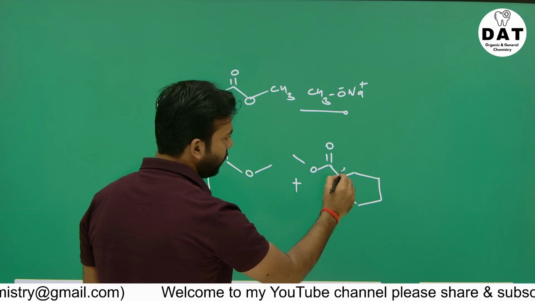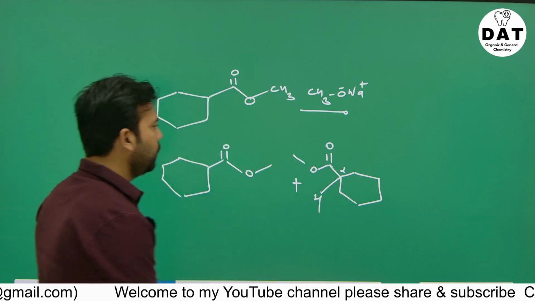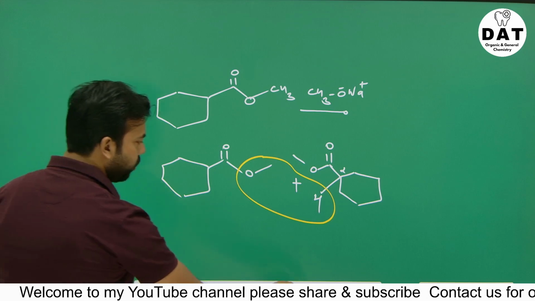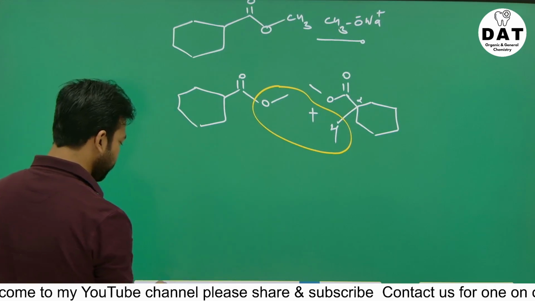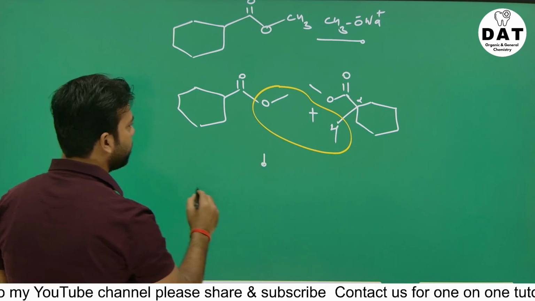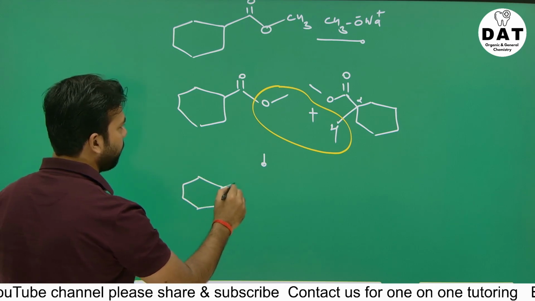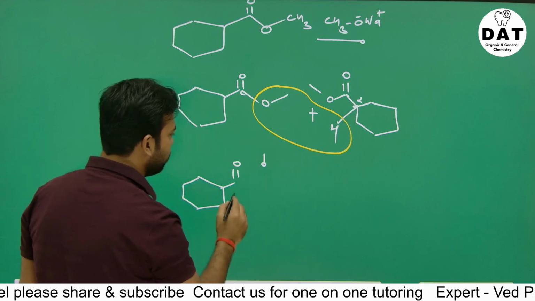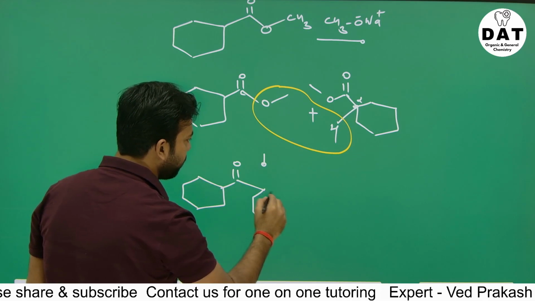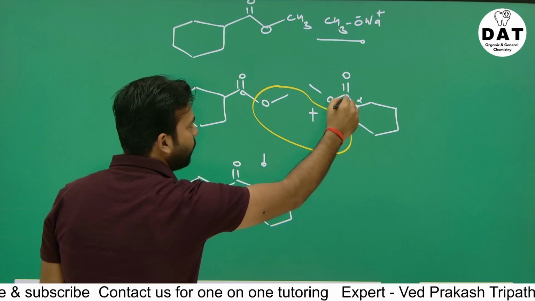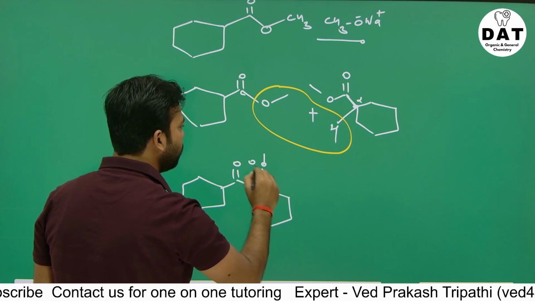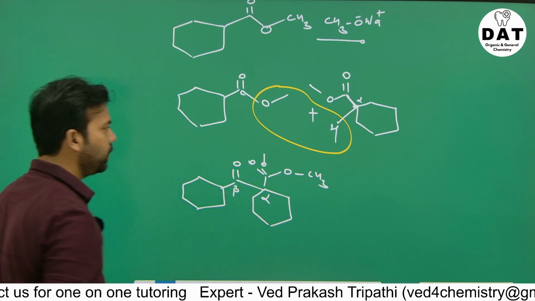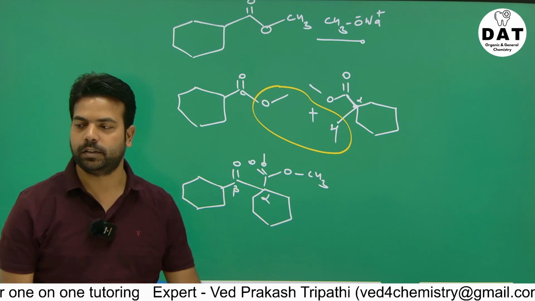This is the alpha carbon and it has 1 alpha H. Now we have to remove the alcohol, so this goes out. Now we are going to connect these two components. Now look at this, the carbon is directly bonded to this carbon. This outer carbon has a C double bond O and then OCH3. So this is alpha, this is beta, so this is a beta ketoester. Makes sense? This is self-Claisen.